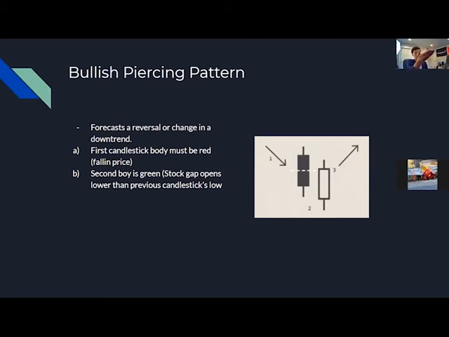But what the diagram doesn't show is that there's an alternative outcome where it goes down instead. First, the first candlestick body has to be red, indicating falling price, and the second body is green. The stock has to gap open lower than the previous candlestick's low.